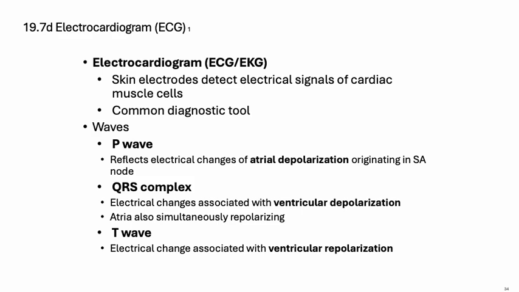If you think about where the electrical activity originates in the heart, we know that this is starting in the SA node, right? So this P wave corresponds to that initial activity in the SA node, starting that electrical activity, and then going through the atria and causing the atria to contract, right?